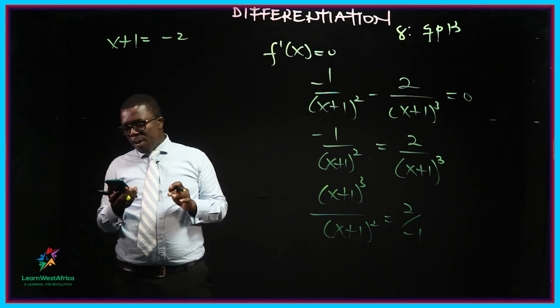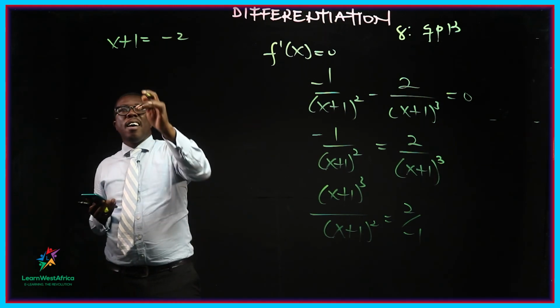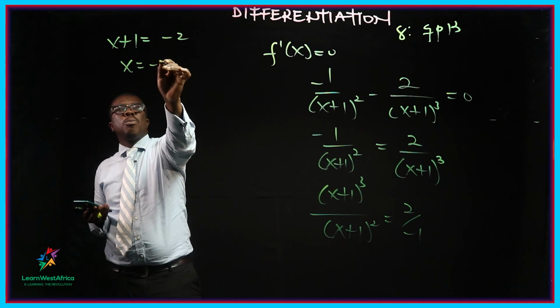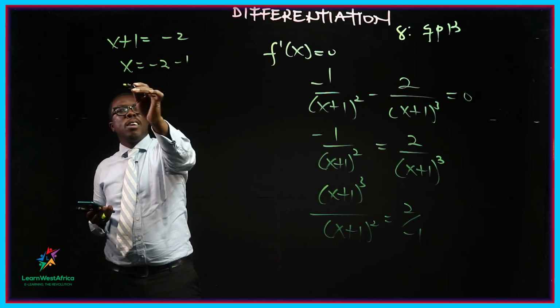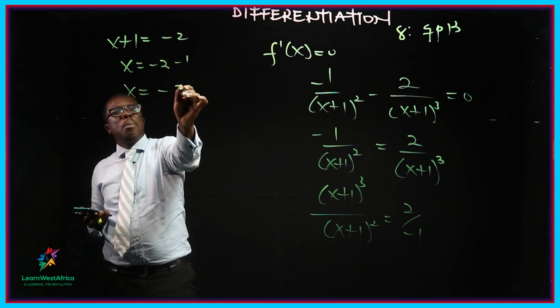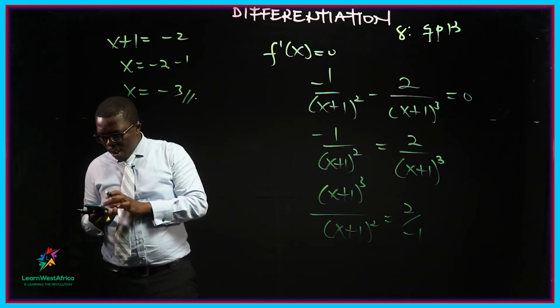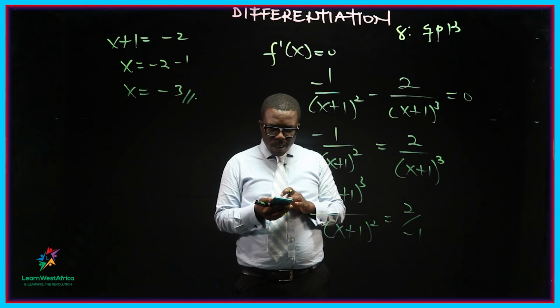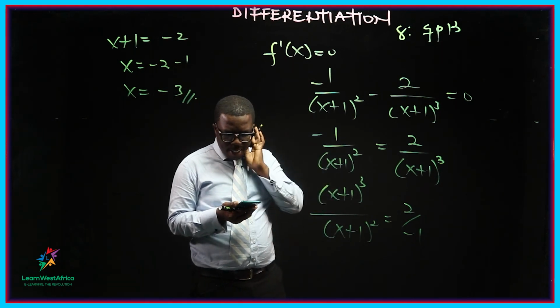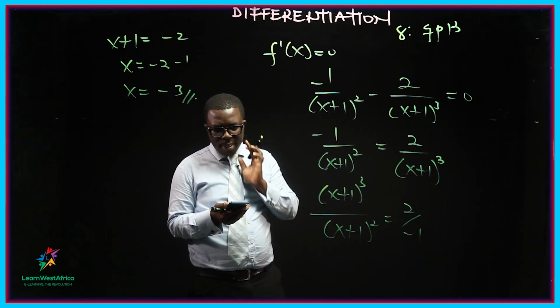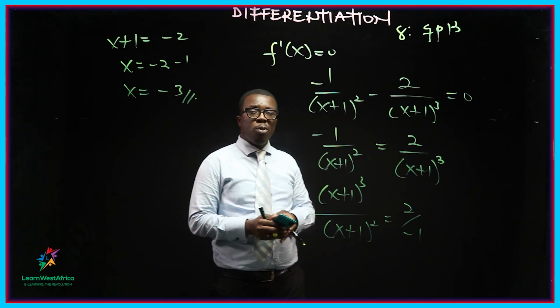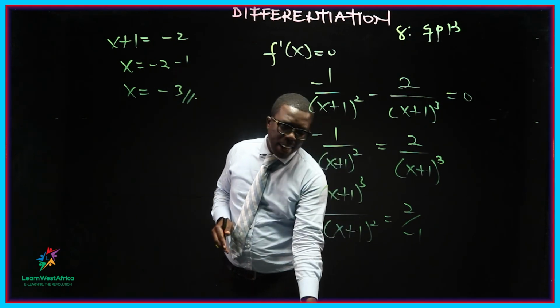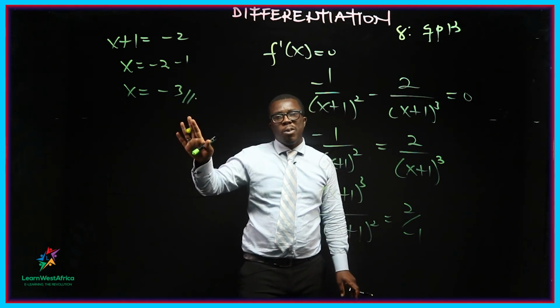Okay, so we're going to have our x is equal to minus 2 minus 1. Your x is going to give you minus 3. All right, so the question is saying that we should find the coordinates of the stationary point. So now we've been able to find the x part, x equal to minus 3.